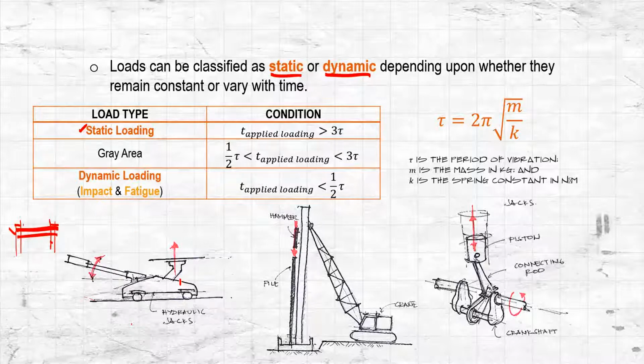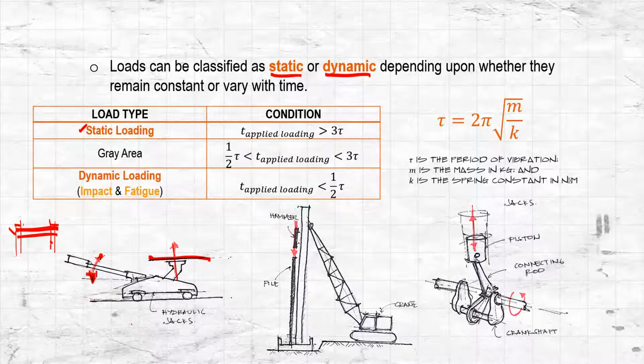But right here is an example of a gradual increase, like for example the hydraulic jack. Let's say this hydraulic jack is carrying a car.